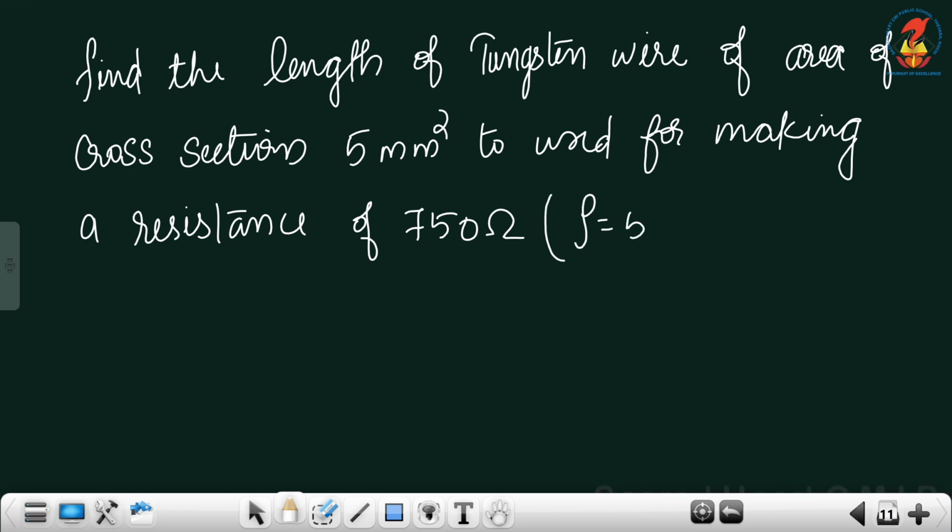Rho is equal to 5.2 into 10 raised to minus 8 ohm meter. This is the question.